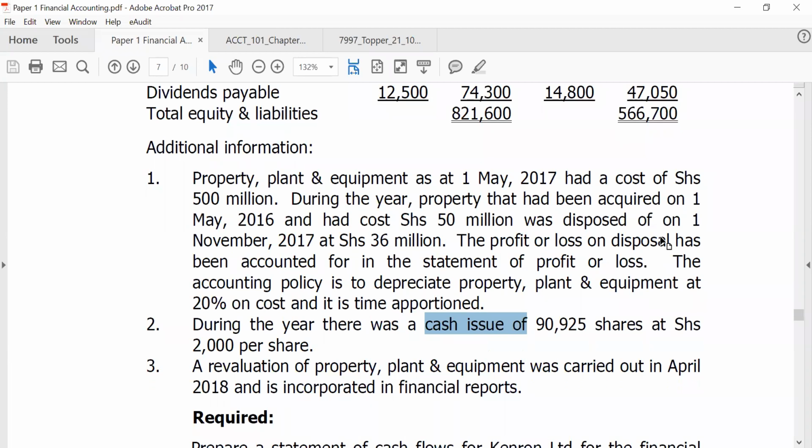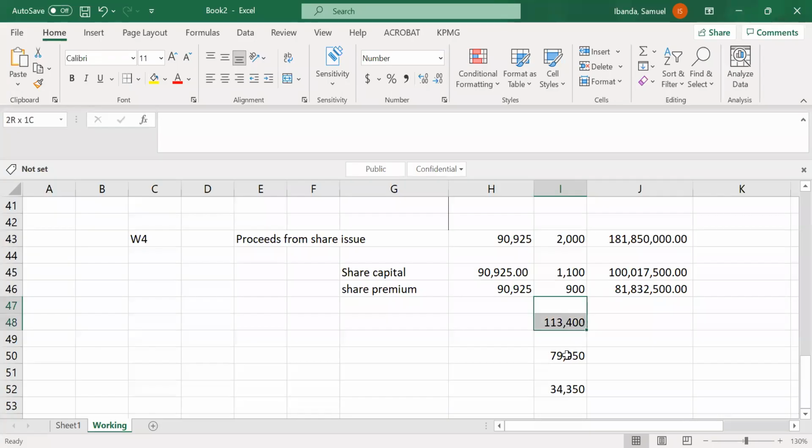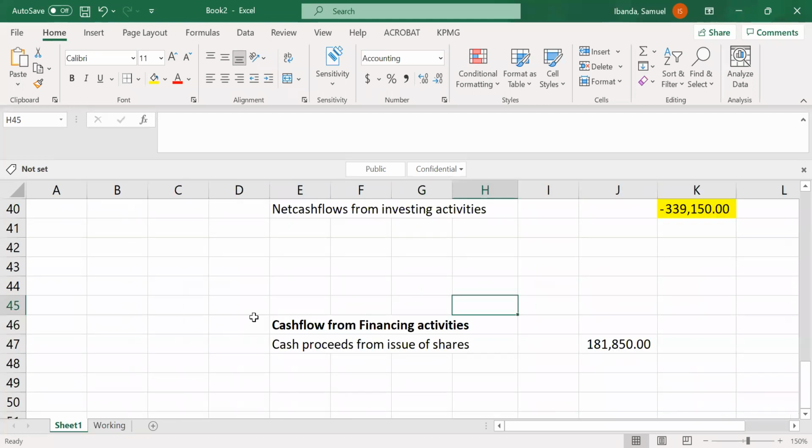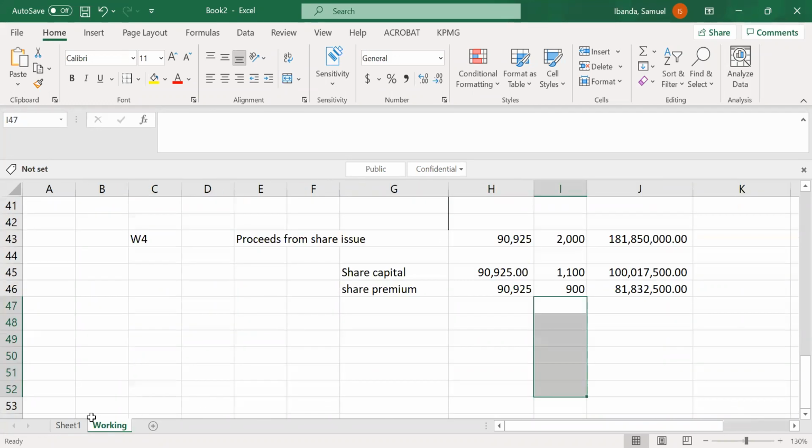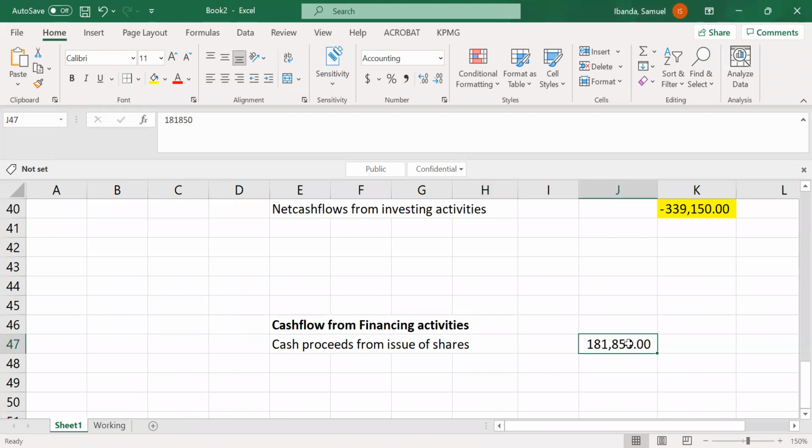No cash comes in, so that could be one reason for the difference. But for the cash flow, we only look at the cash proceeds, the total sum of what we received, and that is what we put here. I just wanted to comment on that.